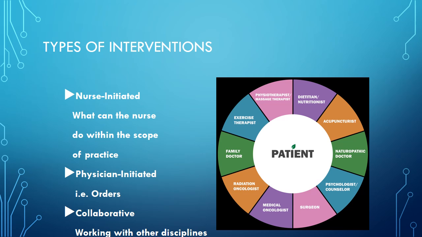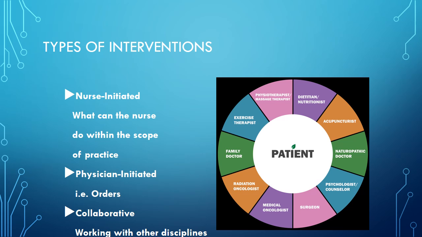Types of nursing interventions, we can group types of interventions. One being nurse initiated, sometimes referred to as independent nursing interventions, what the nurse can do within the scope of practice as defined by licensure.